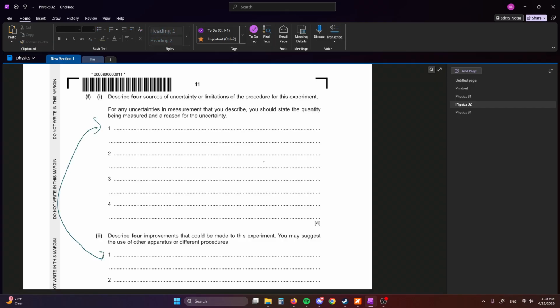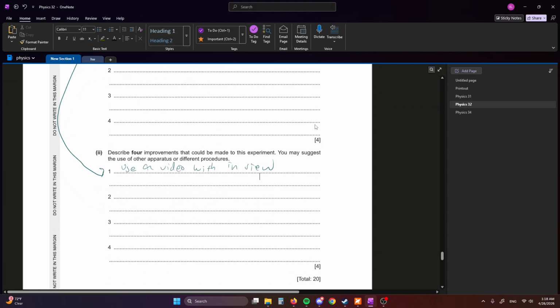So you don't want to write, not enough trials, and then say here, use a video with timer in view. Obviously, these two do not correlate at all. And if you do this, you're going to lose marks for sure. But that's generally this paper, I guess.